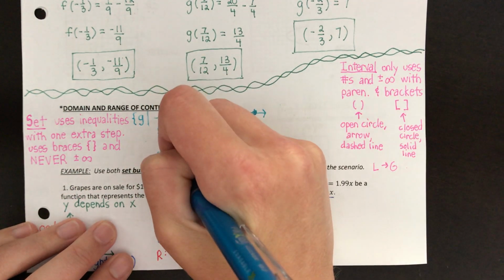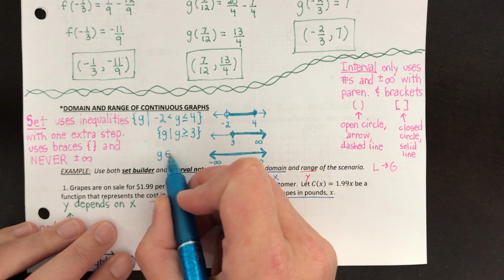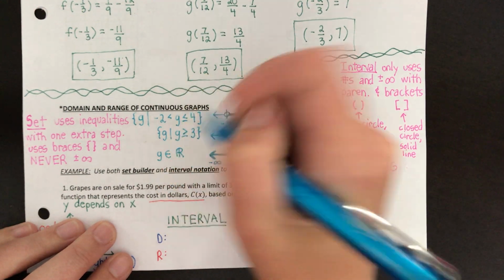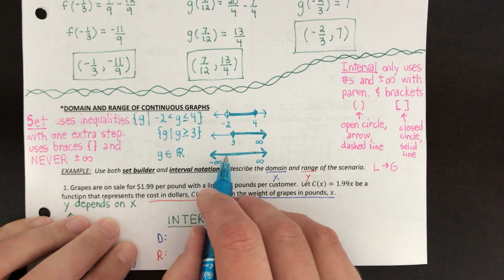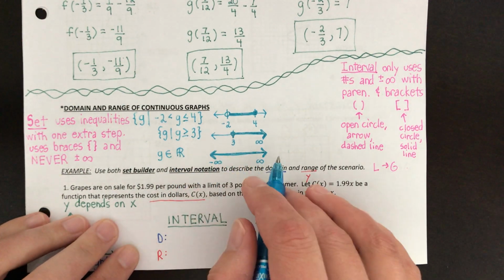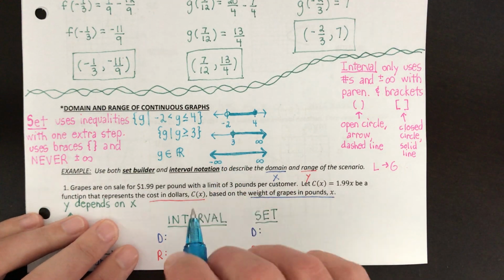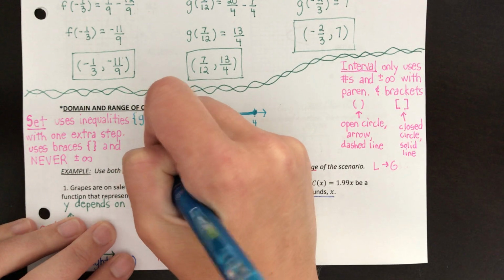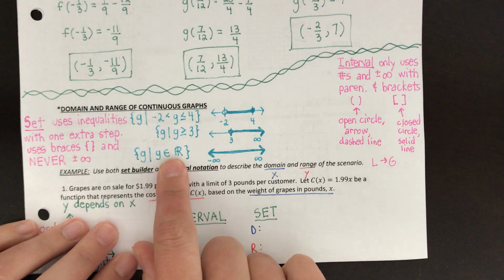We say g is an element, that's kind of like a C with a line through it, but it's a fancy E. g is an element of all reals. So notice I did a double-lined R. So all real numbers are being used within this shaded region. Every single number that you can think of that's a real number is within this shaded region. And then again, you need to just put your braces, your definition part, g such that, and then braces in the front. So that's set notation.